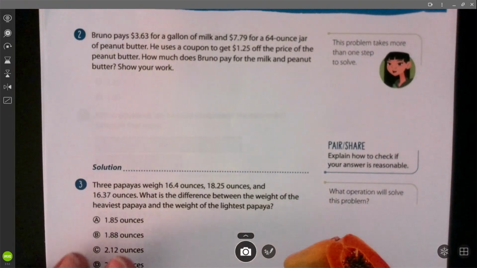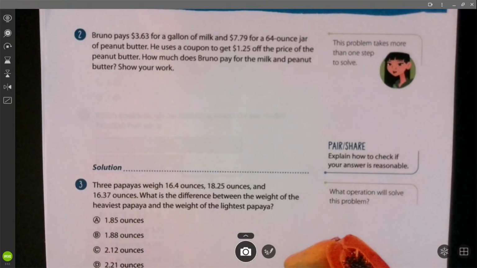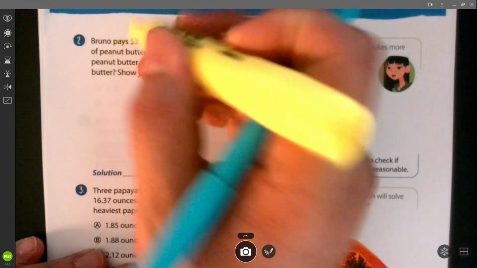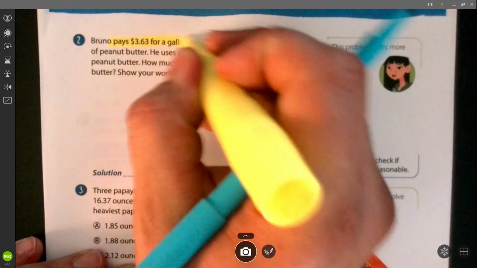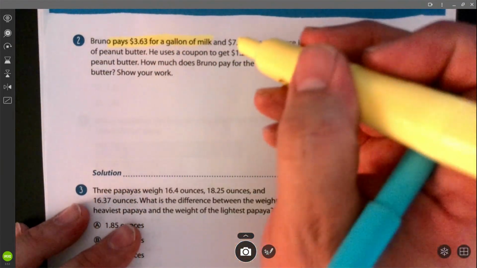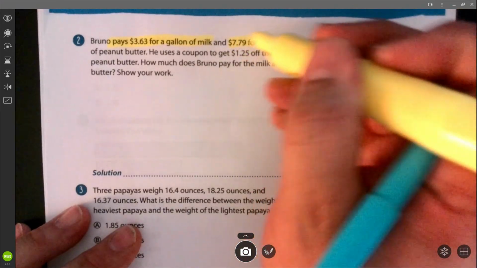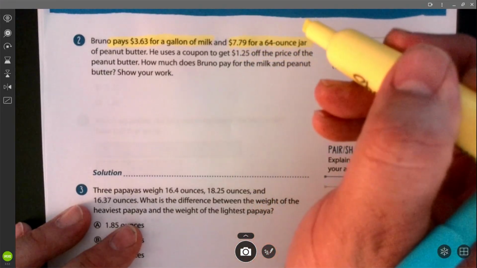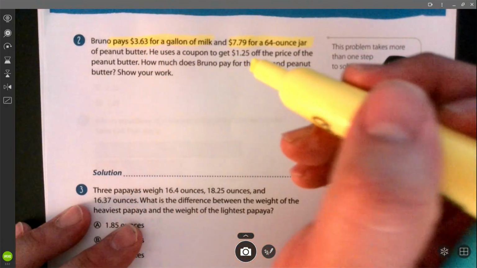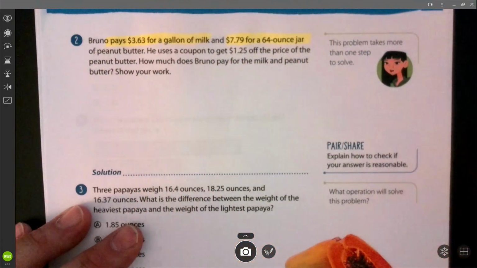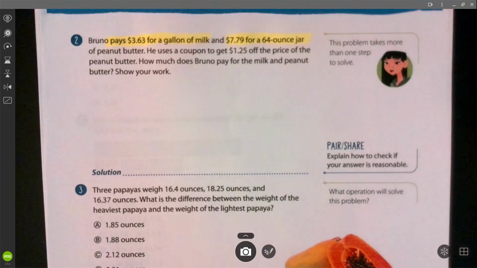So he pays $3.63 for a gallon of milk. Okay, he pays that much for a gallon of milk, and then $7.79 for a 64-ounce jar of peanut butter. Ooh, then look at this.